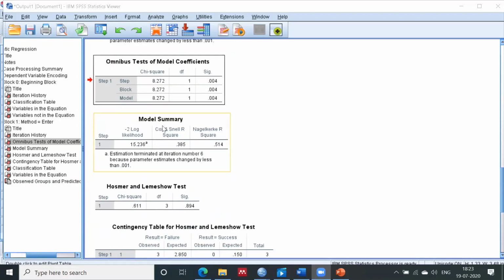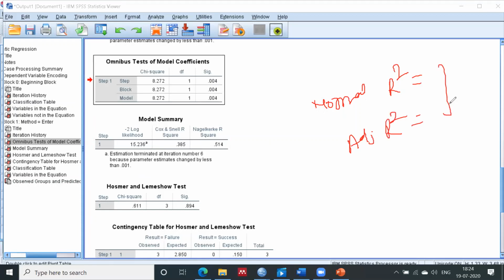Now the model summary says this is your regression model basically. In the normal regression, you will find the R square and adjusted R square, right? These two variables tell you about the model. But in the logit regression, you have this kind of table, Cox and Snell R square and Nagelkerke R square.